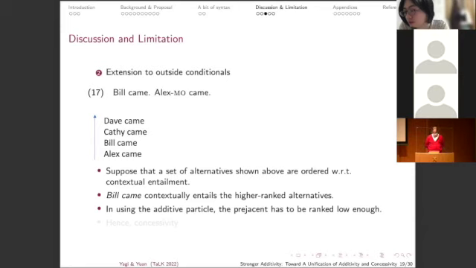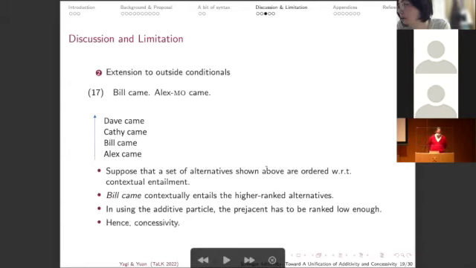If you believe that Bill coming is less likely than Kathy coming, that's an epistemic sense. So we can say that in the best world where Bill came, Kathy also came. Yeah, I agree with you, and I think this is a promising way to get out of the limitation.